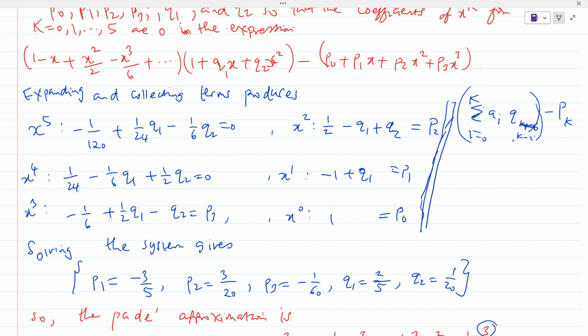Okay. We're drawing a one-to-one relation between this expression, which helps us to determine the Pade approximation, and the fact that this summation, i equals naught to k, a subscript i, q subscript k minus i, is p k, where k goes 0, 1 up to n.